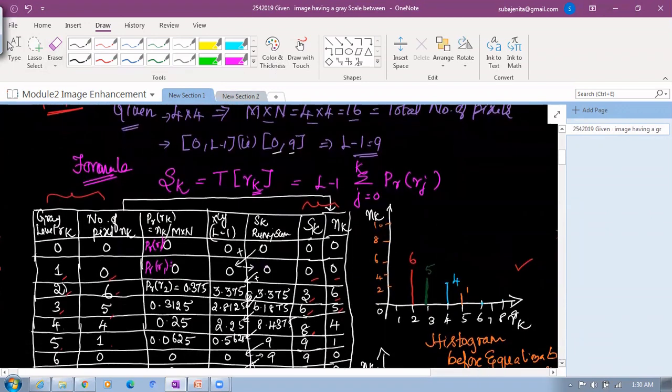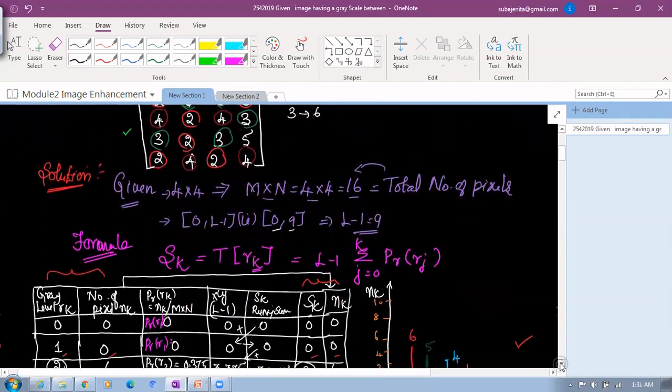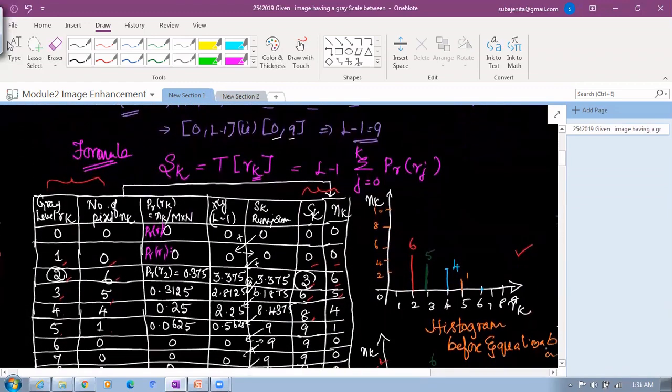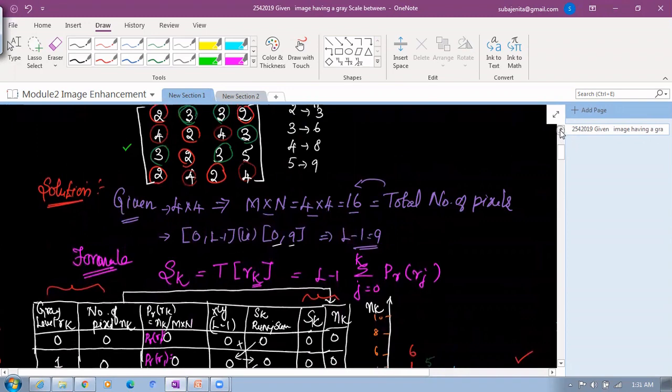From the input image segment, 2 is replaced by 3, 3 is replaced by 6, 4 is replaced by 8, and intensity level 5 is replaced by 9.